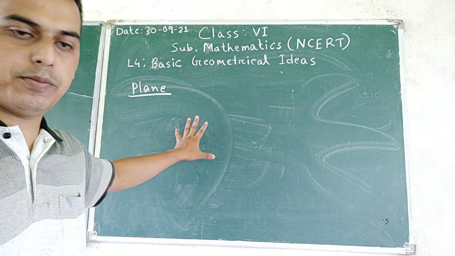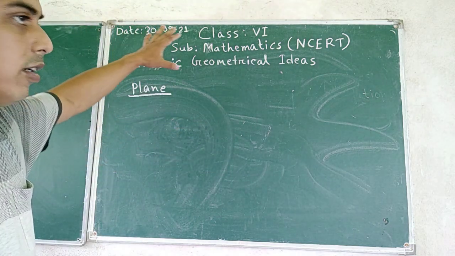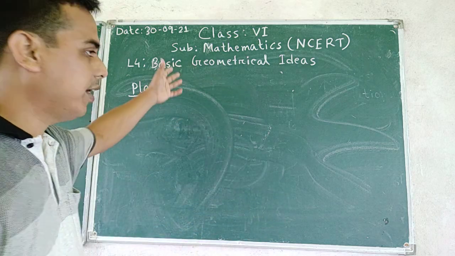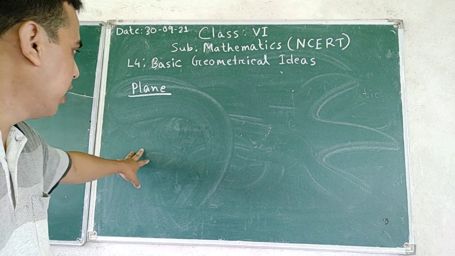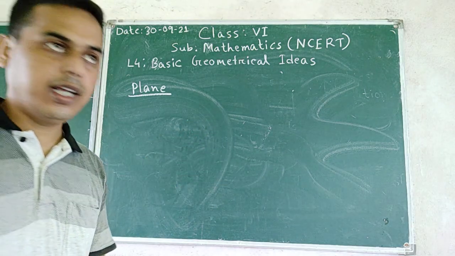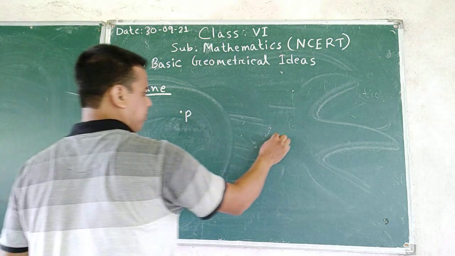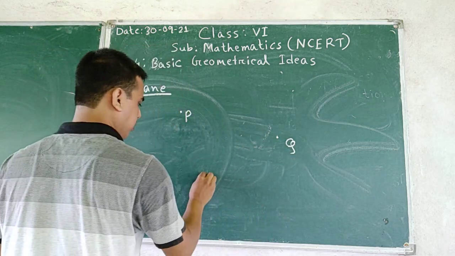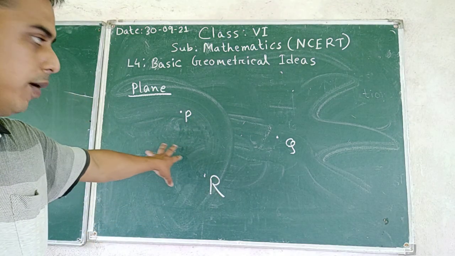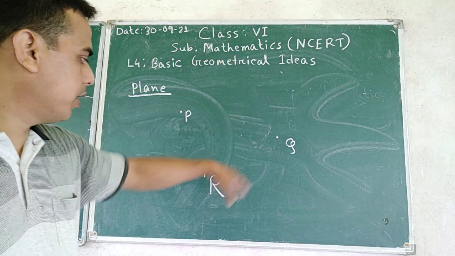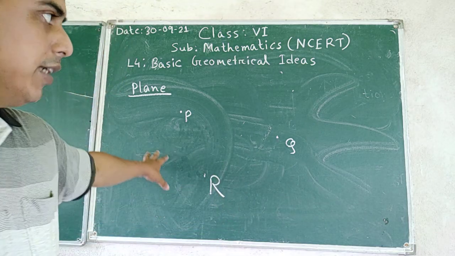All flat surfaces, like this board or the walls of your rooms, are examples of plane surfaces. And how can we name a plane? We take any 3 points, P, Q, R. Suppose we take any 3 points on a plane, then this plane will be called plane PQR. So this is a plane surface, a flat surface.